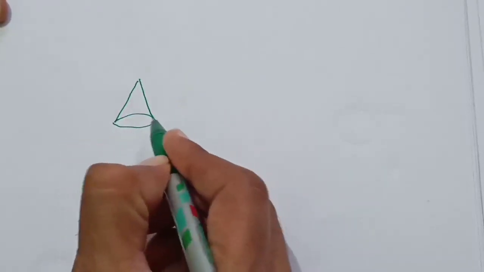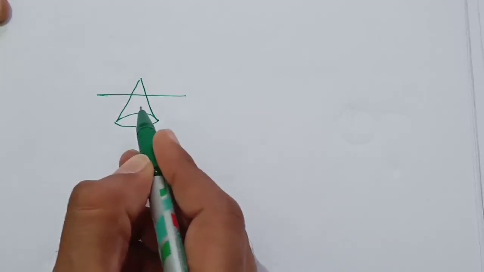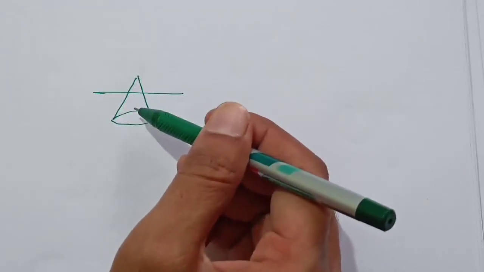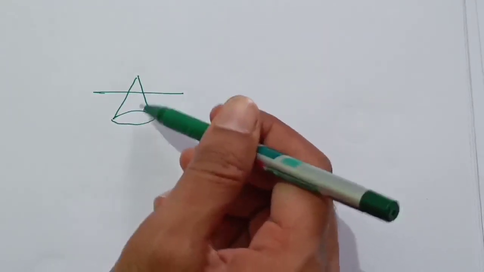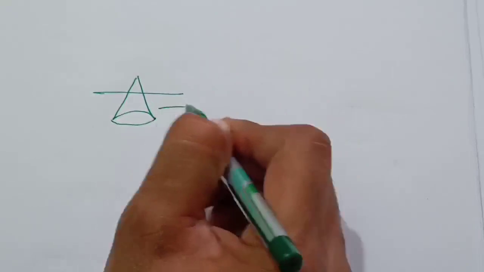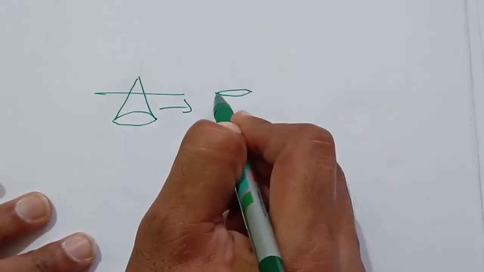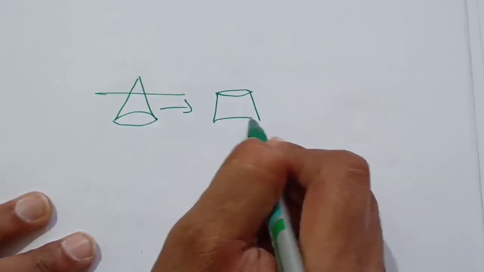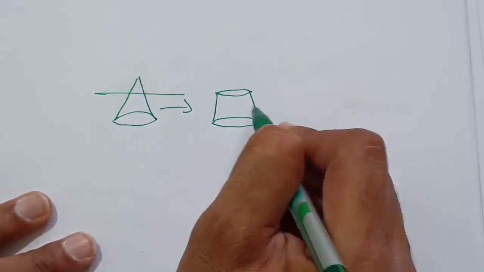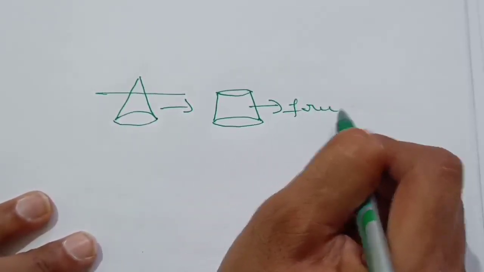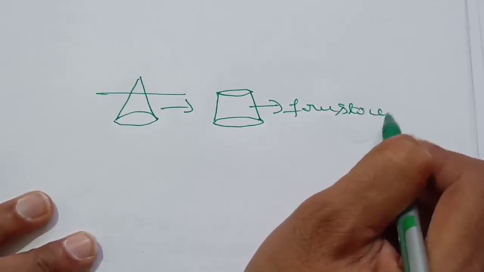Now if this cone has been cut like this, the remaining part obtained will be like this. So therefore this is called as frustum of a cone.